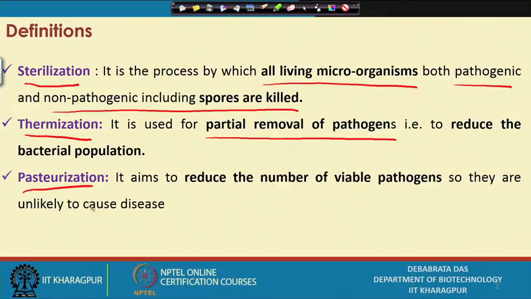The third is the pasteurization process. It is the reduction of the number of viable pathogenic organisms, because we know that two types of organisms exist: pathogenic organisms, which are harmful to human health, and non-pathogenic organisms, which are not harmful.